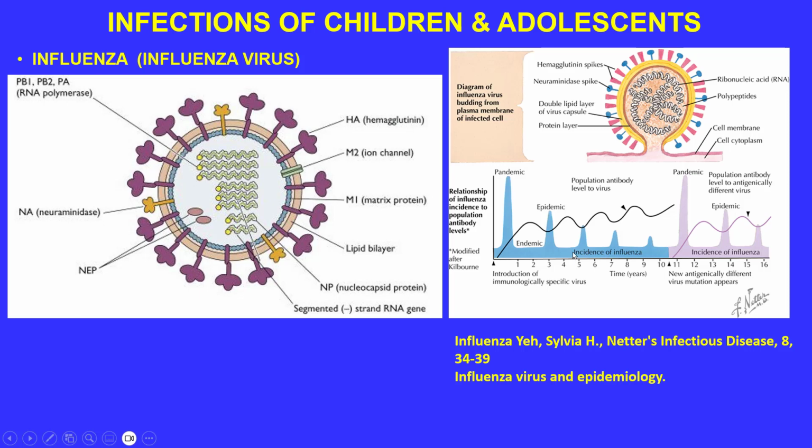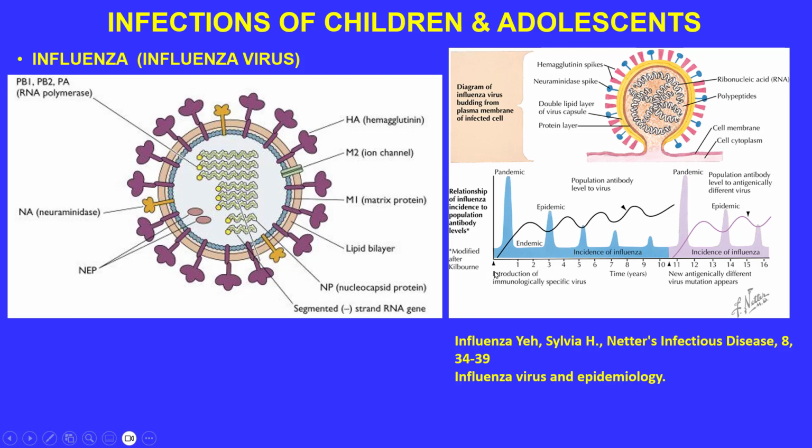Also, the incidence to population antibody levels. Well, if you look on the x-axis here, you have the time in years. If you look at the y-axis, you're presumed at some high number, especially when you talk about pandemic, endemic, epidemic, down.